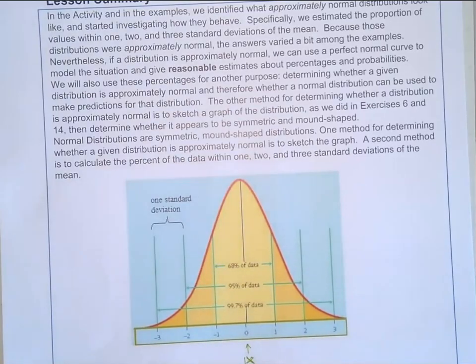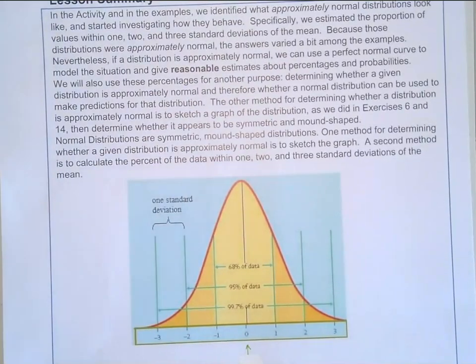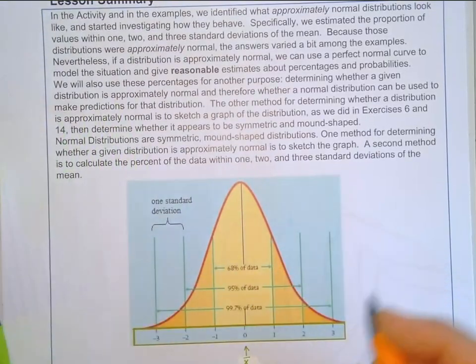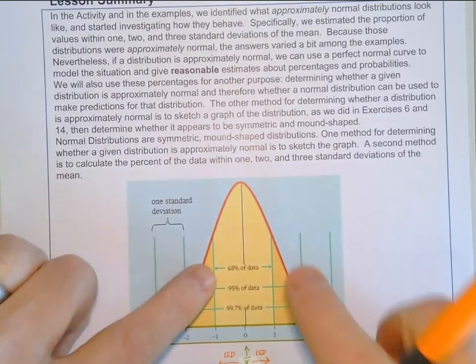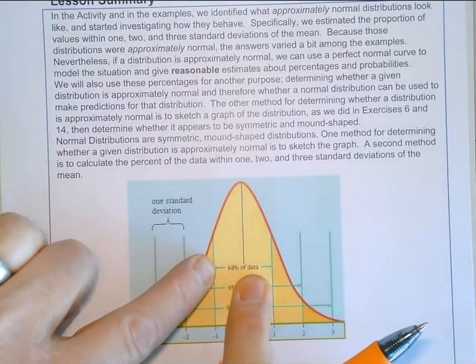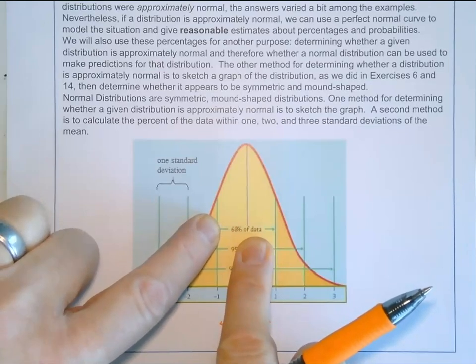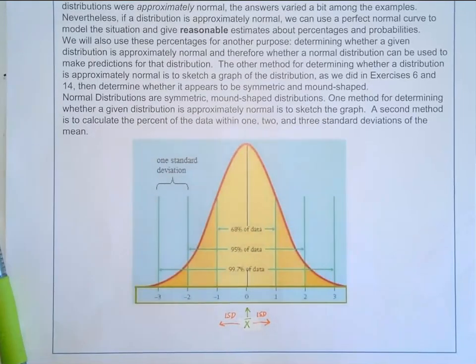Actually, it looks funny to me, so I'm going to redo this here. I'll just write it this way. And this is going out one distribution in each direction. I'll say one SD. Is that okay? One standard deviation, sorry. Notice that one standard deviation is 68% of the data. Do you see that? So about 2/3 of the data falls within one standard deviation.